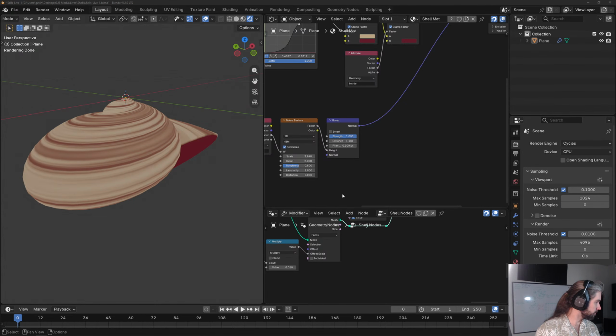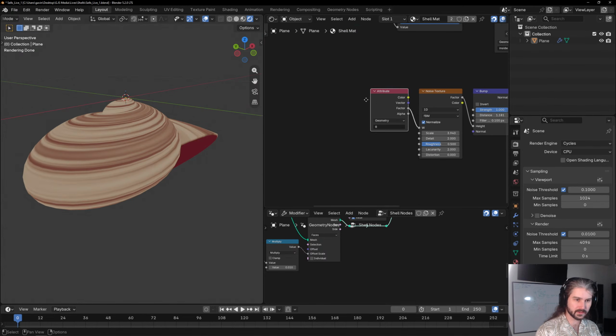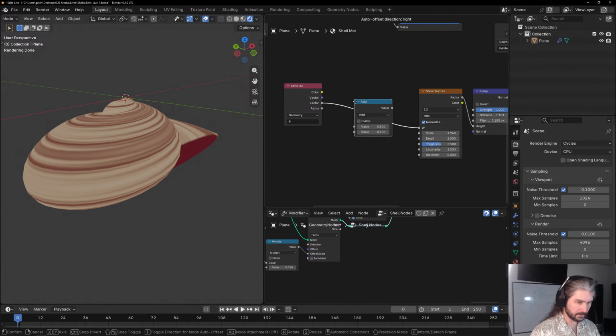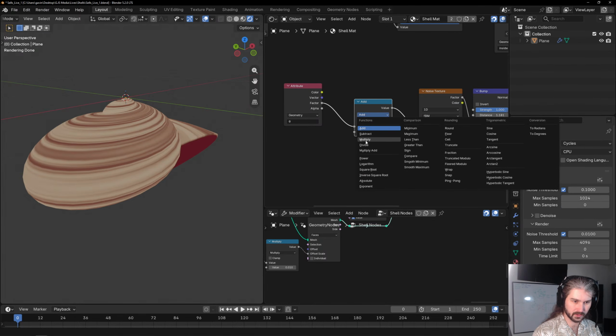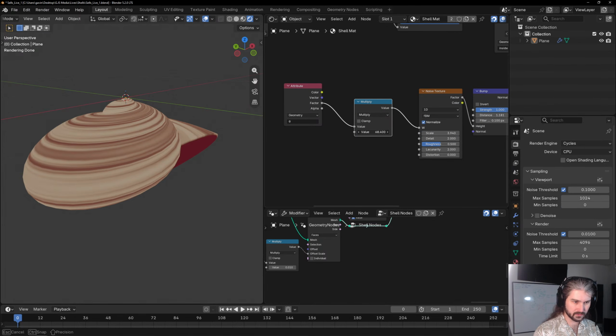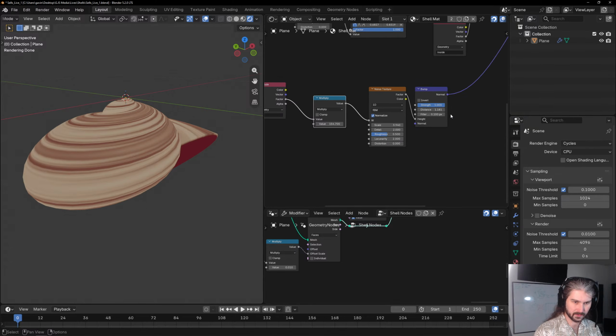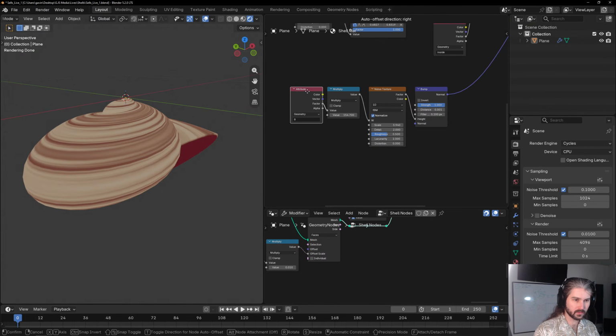Oh, it might just need to multiply this to get some contrast. Increase that. No? All right, hold on. What am I doing? What's wrong with this picture?